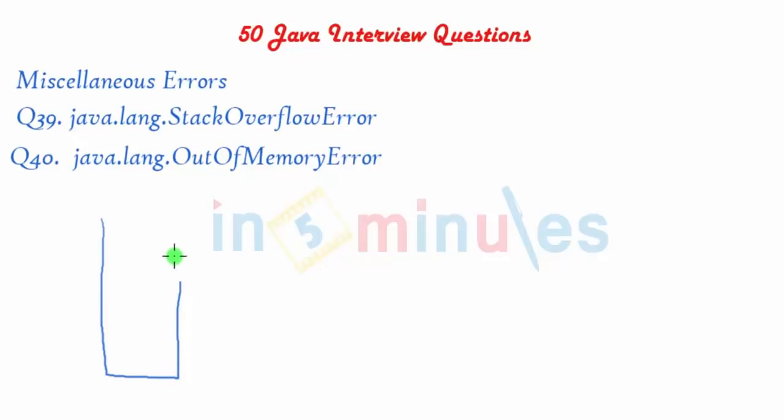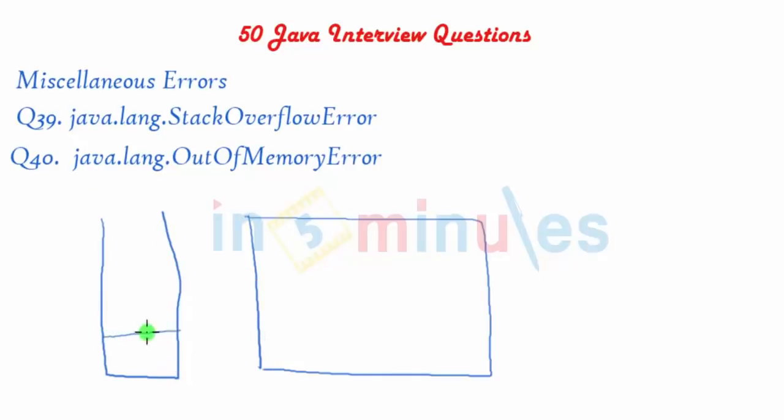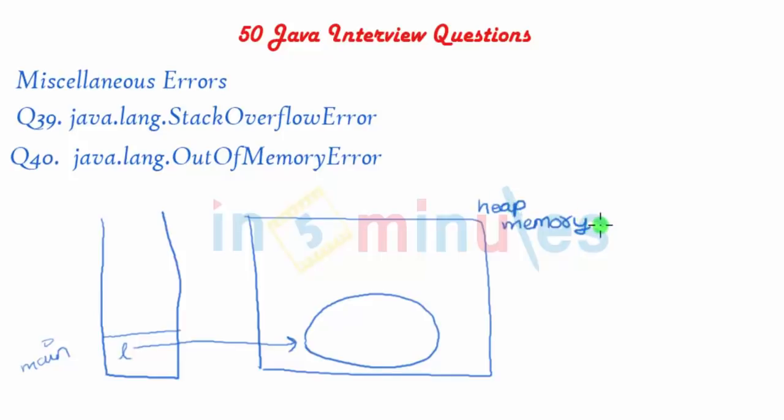Now in this case, we'll again have our stack memory and our heap memory. The stack memory will be filled with only one entry, which is the main function. Now the main function has a while loop in which it has a linked list L. Now the linked list will be assigned some space, that is the object will be created on the heap memory. This heap memory is where the problem is occurring. On our heap memory, we are continuously adding dummy objects to this particular linked list.